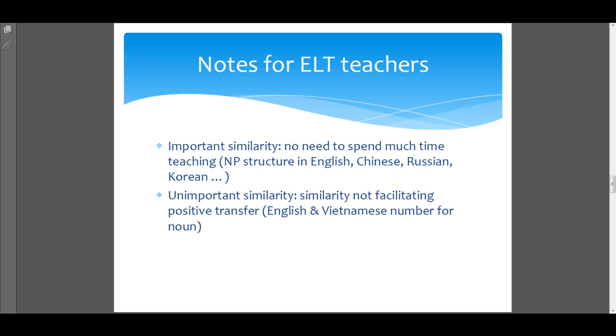With important similarities across languages, we do not need to spend too much time teaching them. For example, the noun phrase structure in English and Chinese are quite similar. In English, we say a beautiful girl or an intelligent boy, and in Chinese, we use the same order.